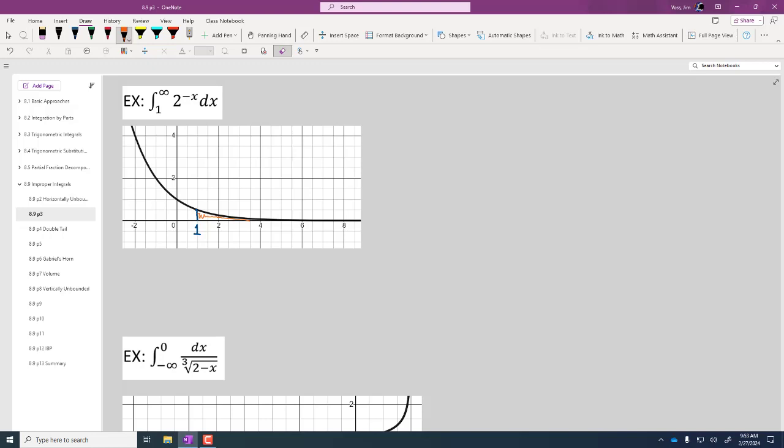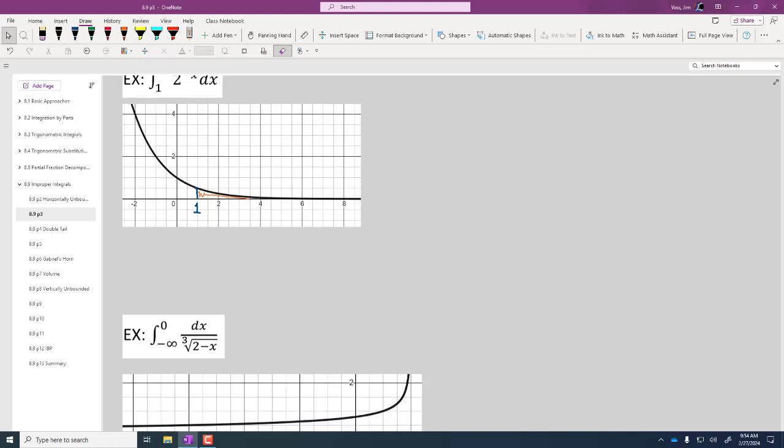In order for an unbounded region to be finite, the curve has to approach the x-axis really fast. Do we think an exponentially decaying function approaches the x-axis fast? Absolutely. We think that approaches the x-axis faster than 1 over x squared. So our hunch is that that will be finite.